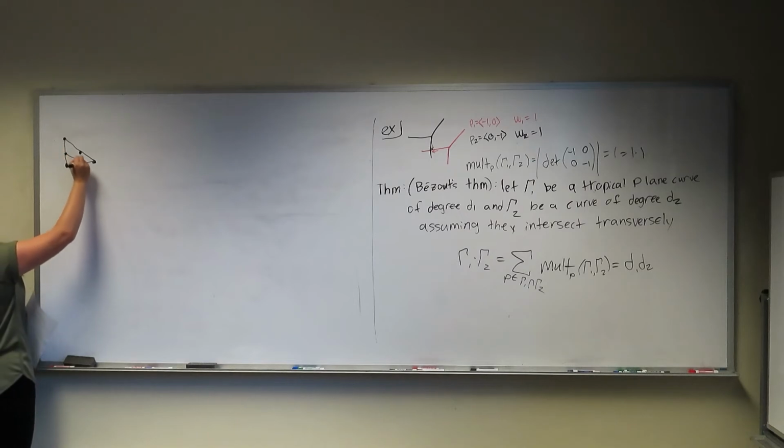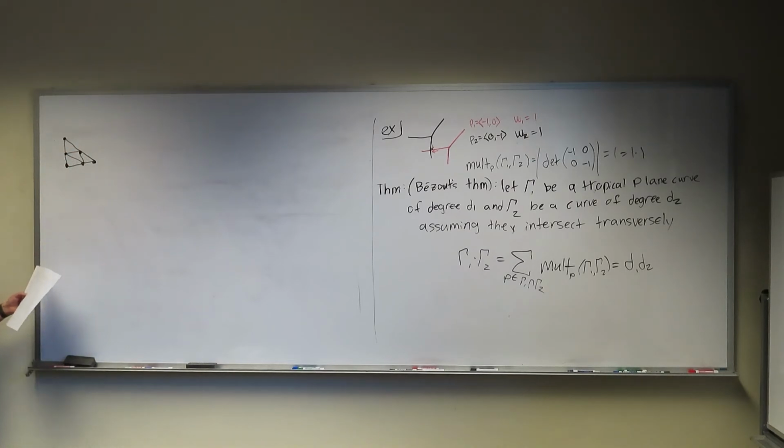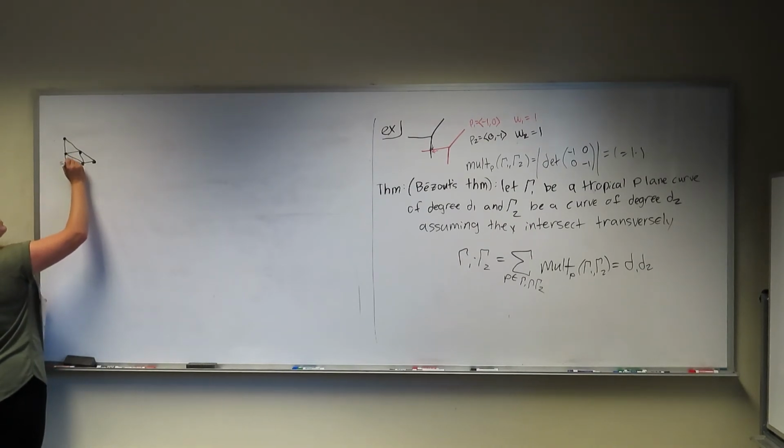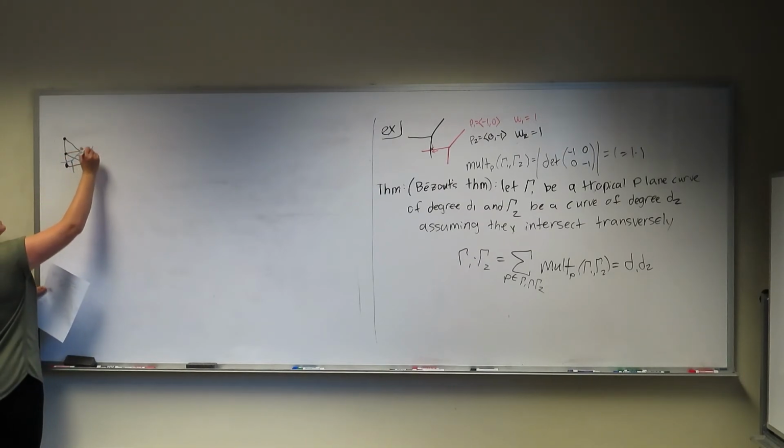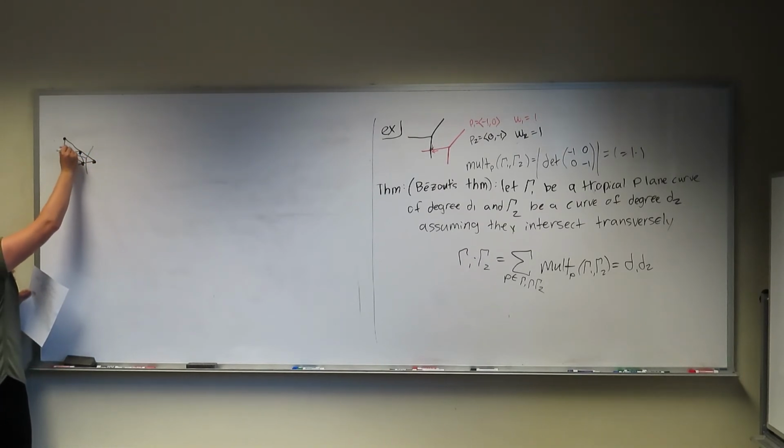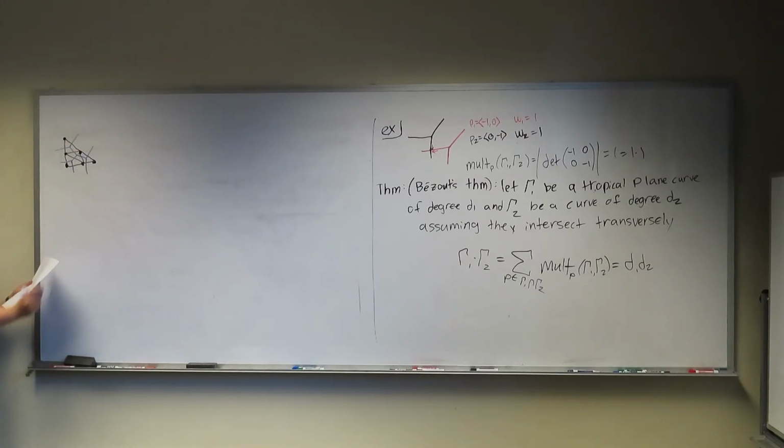So if we take that subdivision, then we get what a tropical quadric looks like.